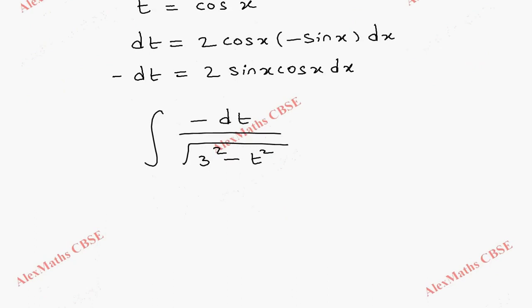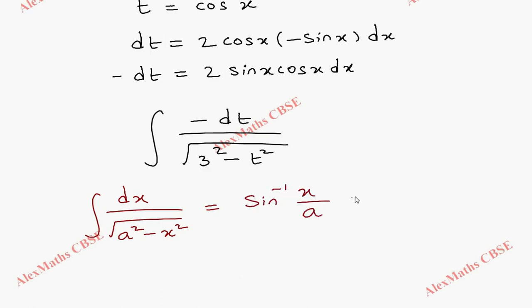We have the formula integral dx by root of a square minus x square equals sin inverse x by a plus c. So this becomes minus sin inverse, in place of x we have t and in place of a we have 3.